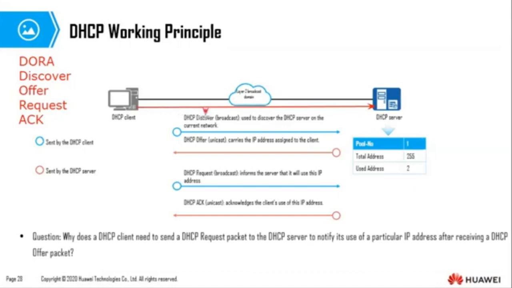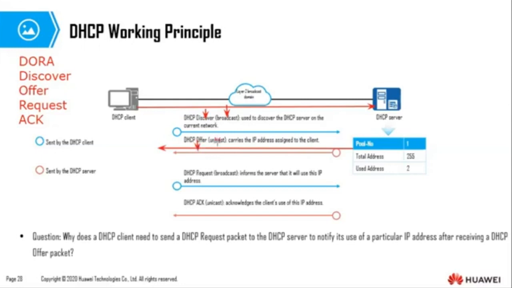The discover packet is used to discover DHCP servers on the network. Normally, this packet is broadcast. Broadcast means the destination address is 255.255.255.255. So everyone is going to receive it. Now, if a DHCP server exists in your network, it's going to reply with an offer, DHCP offer.